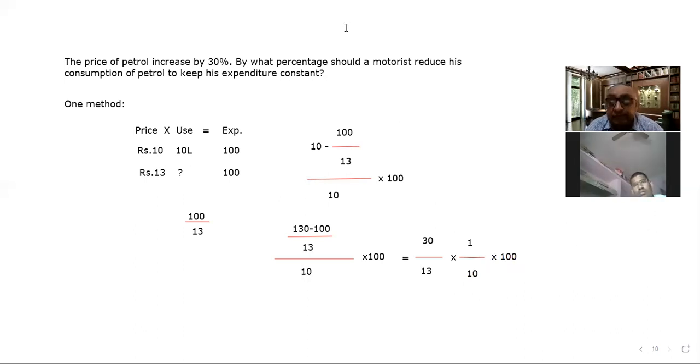So this will become 3, and the percentage change would be 300 divided by 13. 13 threes are 39, 1 is the remainder, 10 is not divisible, then it becomes 100, so it would be about 8.